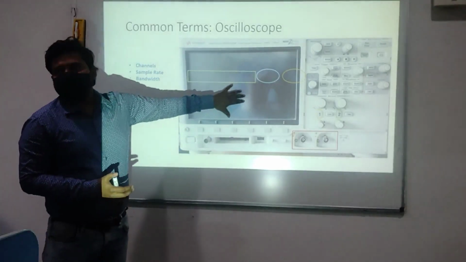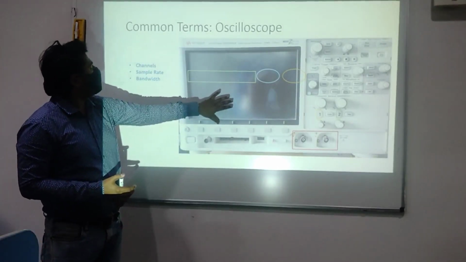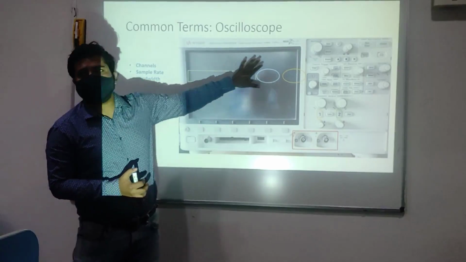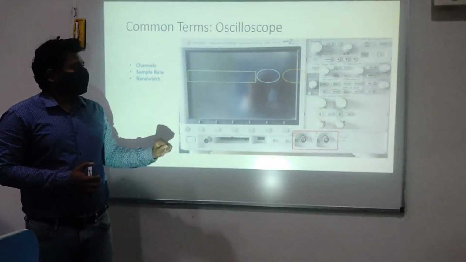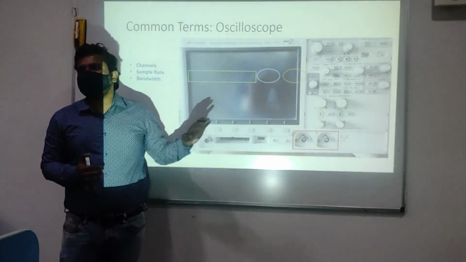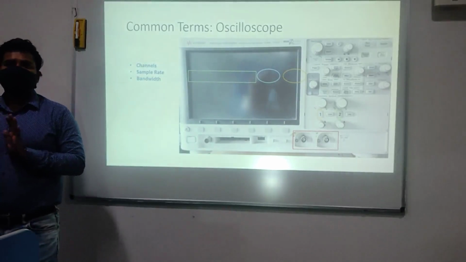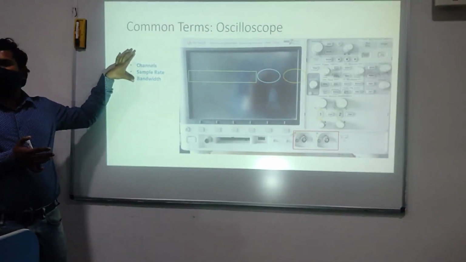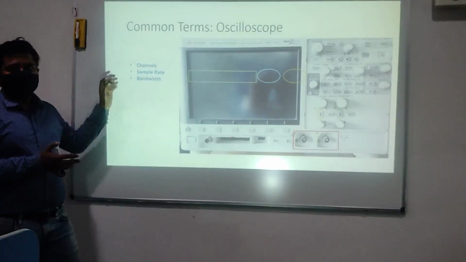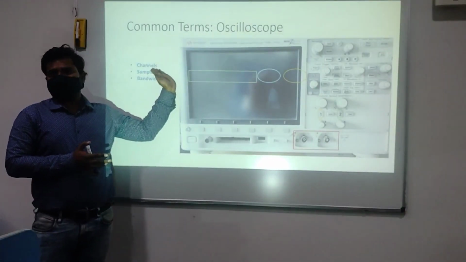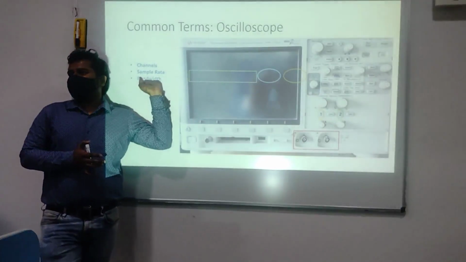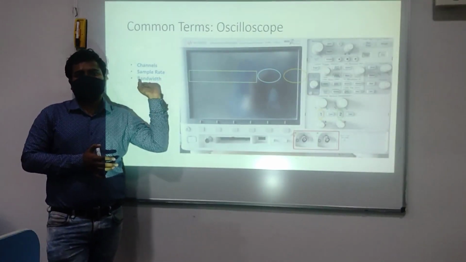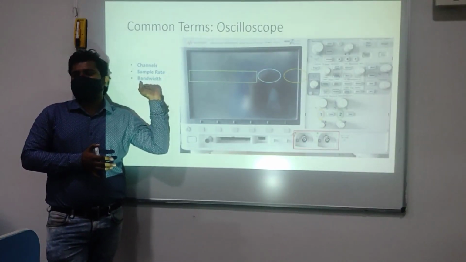So here is the oscilloscope, and you all can see it in front of you. Once we see the oscilloscope, what is the very common thing, the first thing that should come into your mind? There are these three very basic common terms I have taken. So the first thing is channel. All of you can tell me how many channels are there in your oscilloscope by seeing the actual hardware.